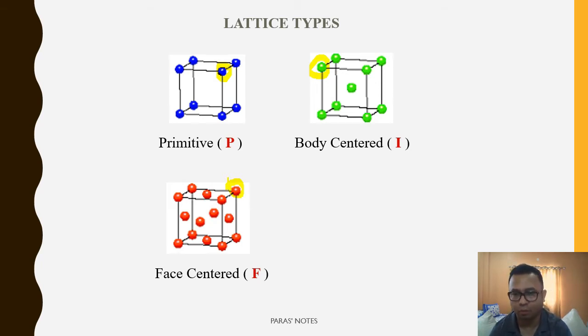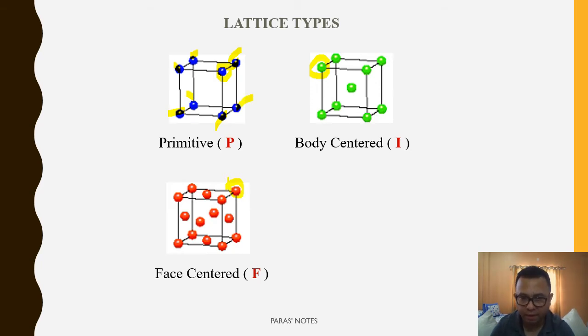Now think about a cube, and a cube has altogether 8 corners. When I talk about corners, where all the edges are meeting, that is what we call a corner. Look at this first primitive one: 8 corners, 1, second one here, third one here, fourth one here, fifth, sixth, seventh, 8. These are the 8 corners.